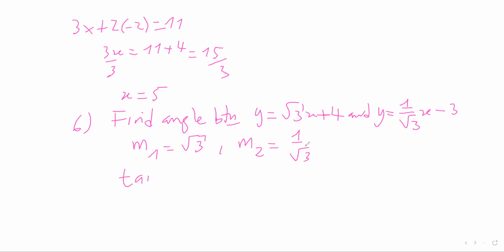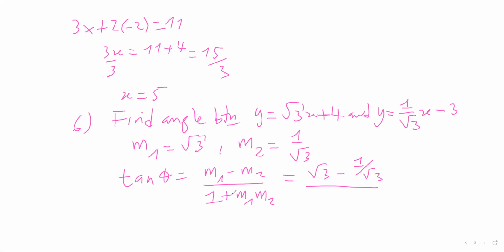And then we know tan theta is (M1 minus M2) over (1 plus M1 M2). Square root of 3 minus 1 over square root of 3, over 1 plus square root of 3 times 1 over square root of 3. And this will be 1 over 2 square root of 3 minus 1 over square root of 3.